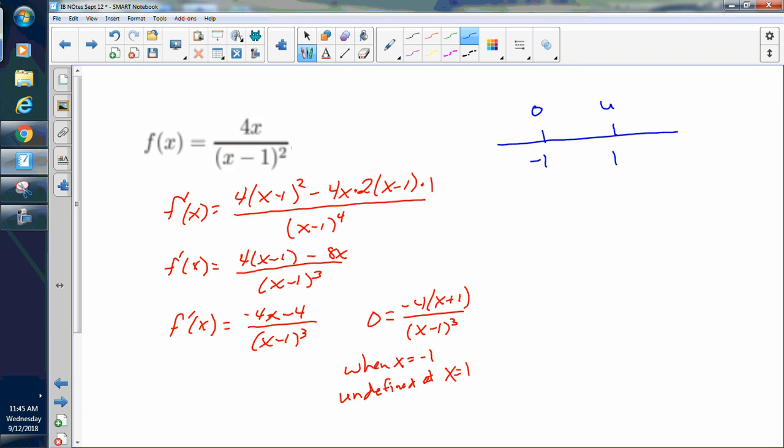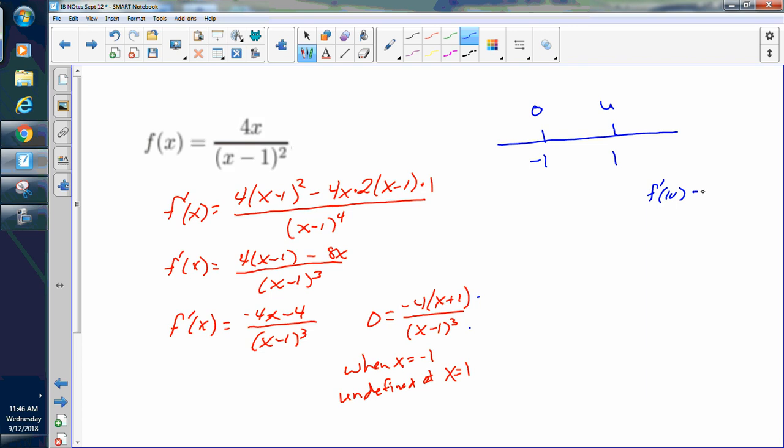So what we're going to do is have an asymptote in the middle of our graph. So you can't be increasing or decreasing if your function doesn't exist there. So pick a number bigger than 1, like 10. The derivative at 10 is going to be, up here we have negative 44, and down here I'm going to have 9 cubed, which is positive.